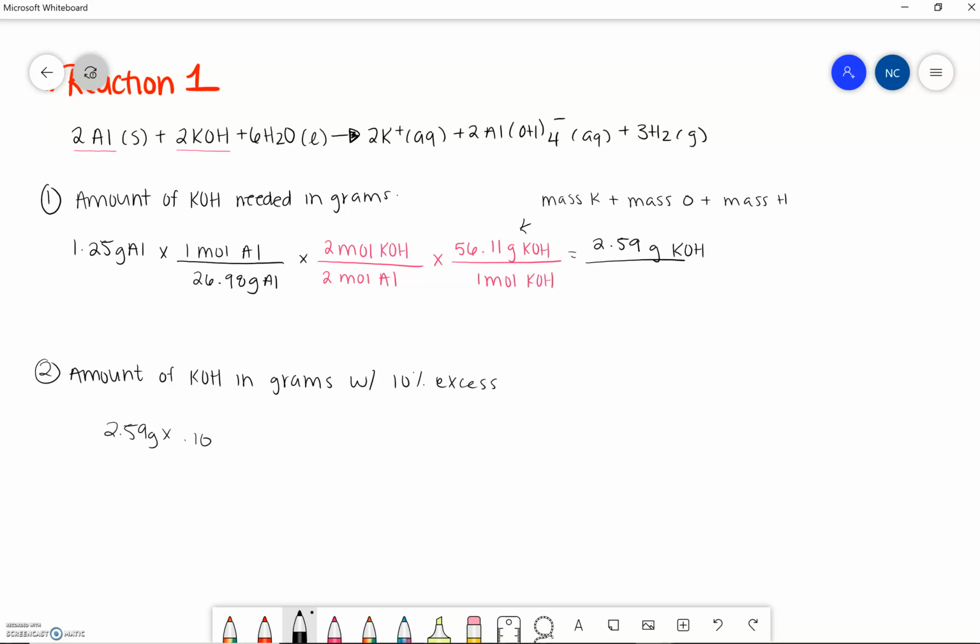The 0.10 comes from the 10% divided by 100% to get a decimal.